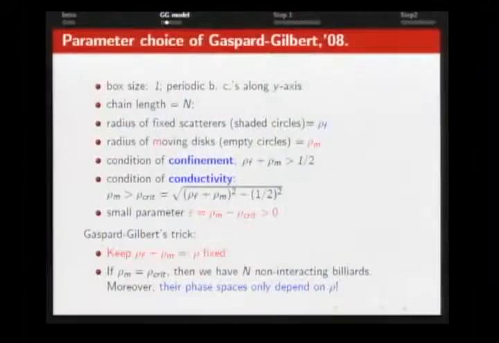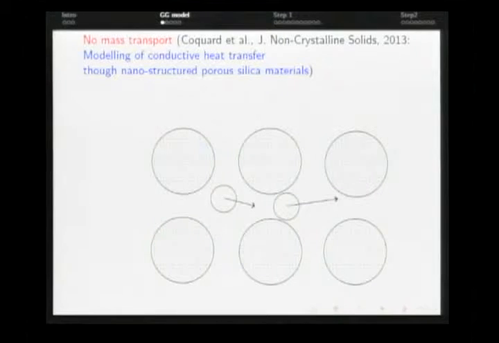But I make one more remark. Look, if you consider one cell here, the motion of this disk in the cell is isomorphic to the following billiard problem.